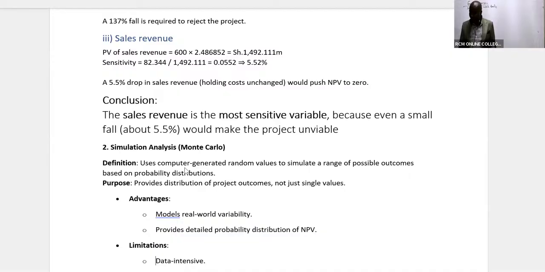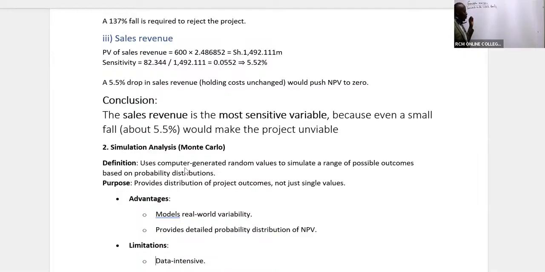So the purpose here is to provide a distribution of project outcomes. When we are simulating, for example, we make imitations and say that our selling price will be this much. So when we pick a selling price that is imaginary, what happens to our profitability? When we pick a variable cost which is imaginary, what happens to our profitability?